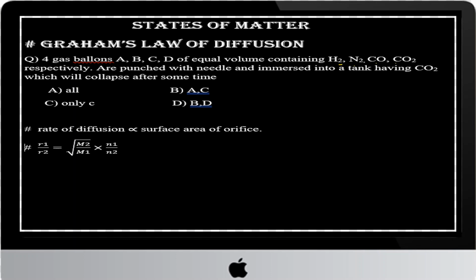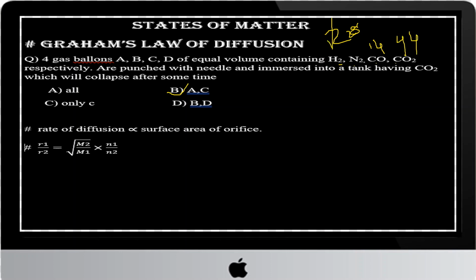The correct answer for this is AC, because hydrogen has a low molecular weight and its rate of diffusion will be high. Comparing the weights, hydrogen has 2, nitrogen is 28, carbon monoxide is 14, carbon dioxide is 44.